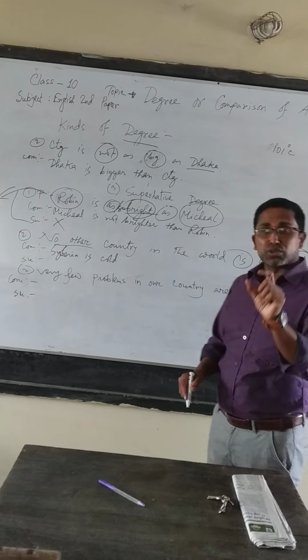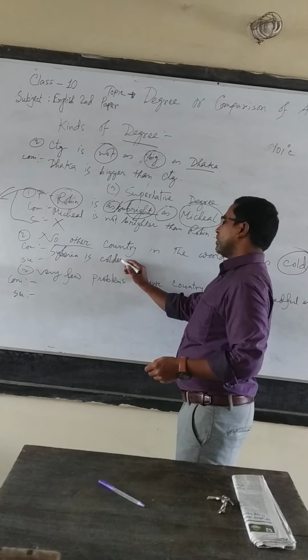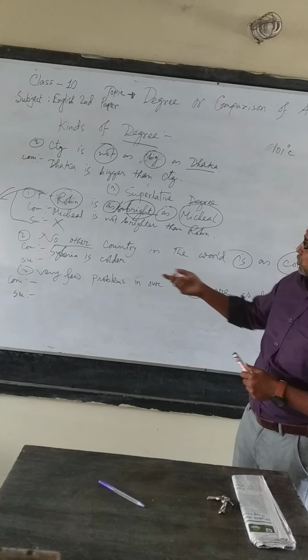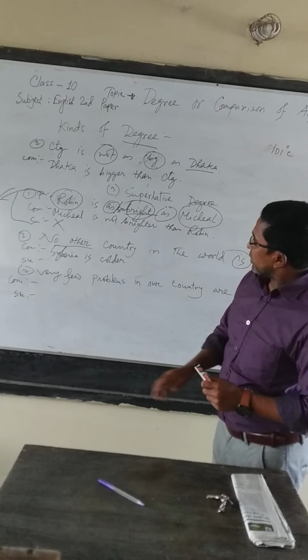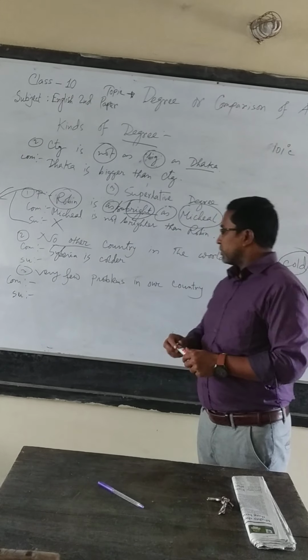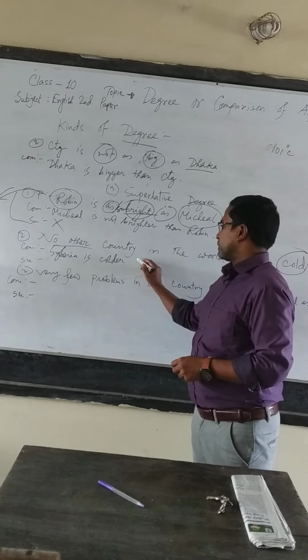Cold also consists of one syllable, so it will be colder, because whenever we turn the word into comparative, we add -er at the end of the adjective. So Siberia is colder. If you see no other in positive, then in case of comparative, we have to write then any other. Instead of no other, we use then any other in comparative. Then, country in the world.